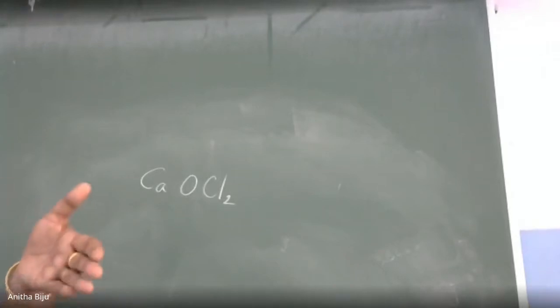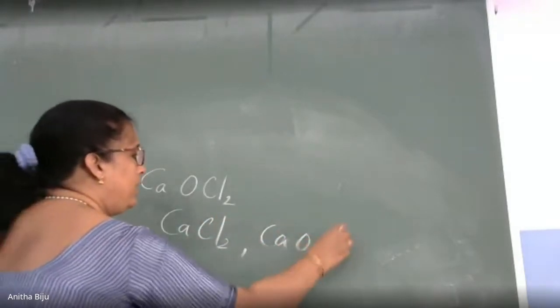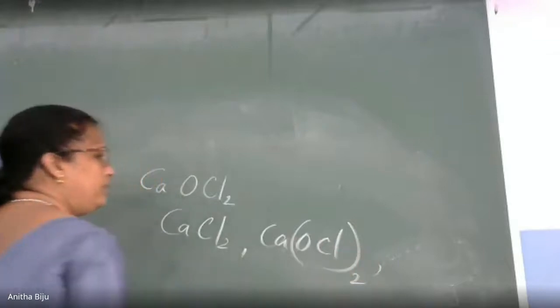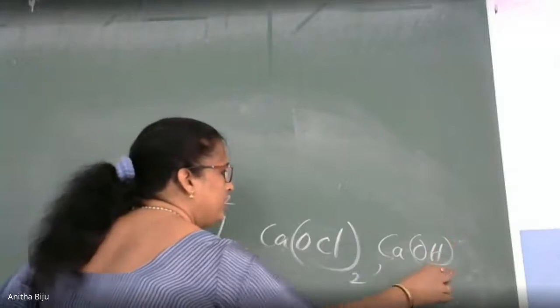Correct. So CaOCl2, this is the representation of bleaching powder. But when you come to the next class, the 11th class, you will learn the composition of bleaching powder as a mixture of many compounds: CaCl2, Ca(OCl)2, Ca(OH)2, and water.